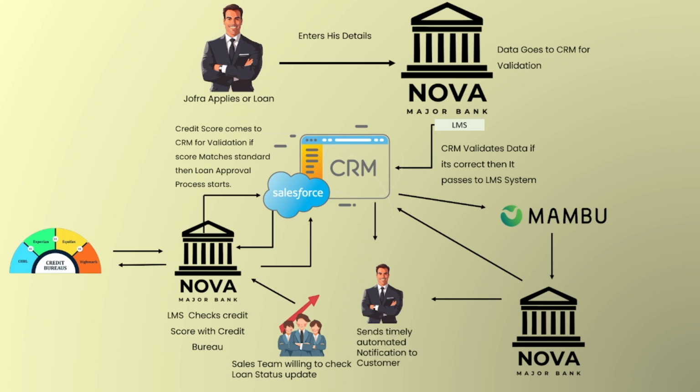And one more last thing is that CRM will send timely automated notifications to Jofra, who is the customer, about how much amount is pending, and that your loan payment date is approaching fast, something like that. All these notifications CRM can send. So what exactly am I trying to tell you? I am not praising the importance of Salesforce or CRM. I am trying to tell you the importance of integration here, why two systems need to merge with each other, because they have this much ability to take decisions.